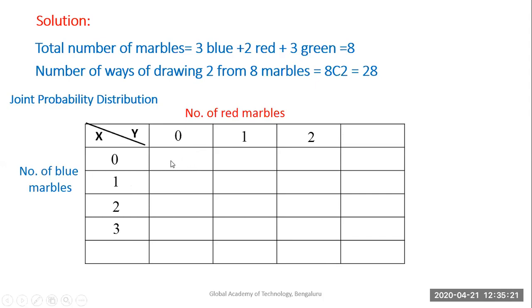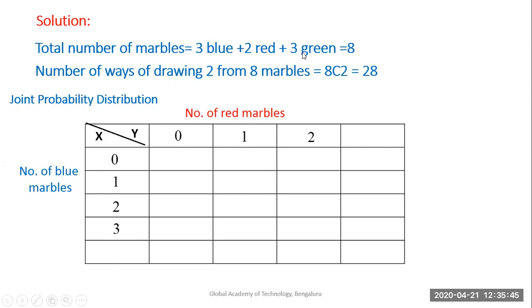Now, the number in this cell represents the joint probability that x is equal to 0, y is equal to 0. It represents the probability of drawing 0 blue marbles and 0 red marbles. But we are drawing 2 marbles at a time here. So drawing 0 blue marbles and 0 red marbles means both the marbles drawn are green.